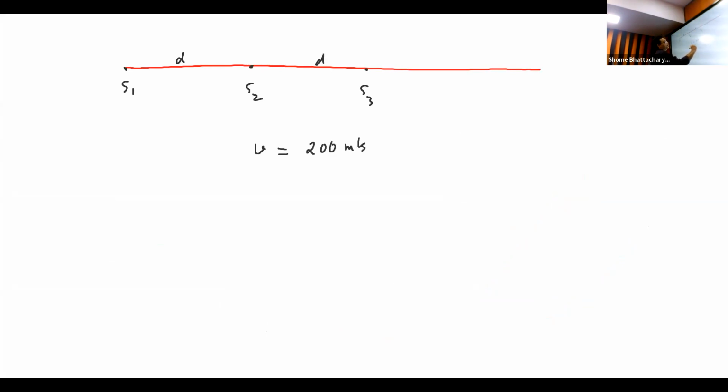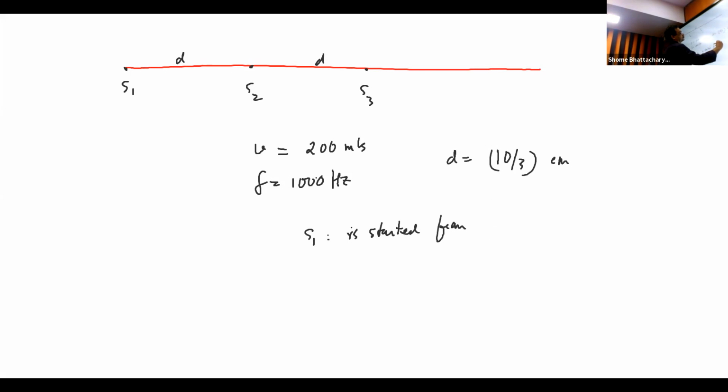Common frequency for all of them is 1 kilohertz, or 1000 hertz. d is 10/3 centimeters. But S1 is started from the mean position, that is, its own initial phase is 0 at t equal to 0.